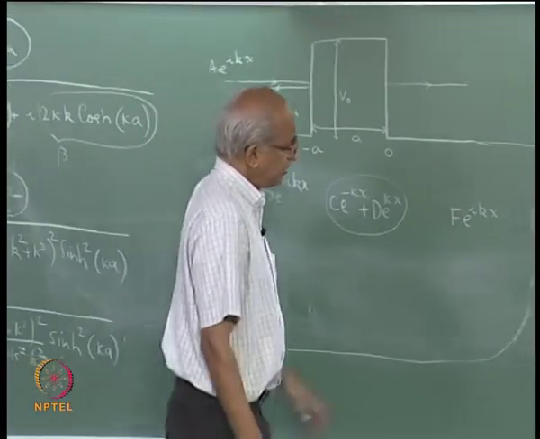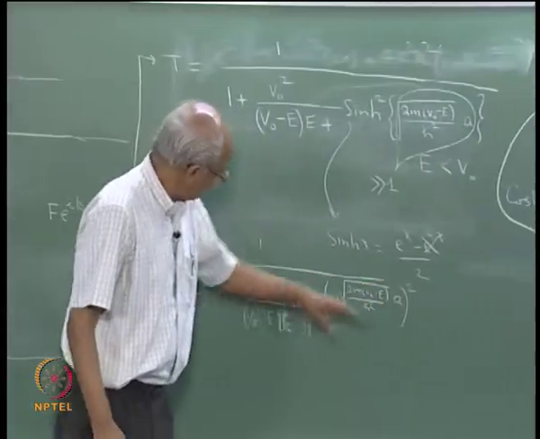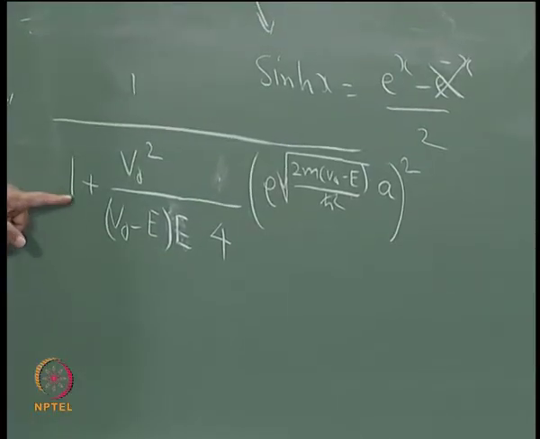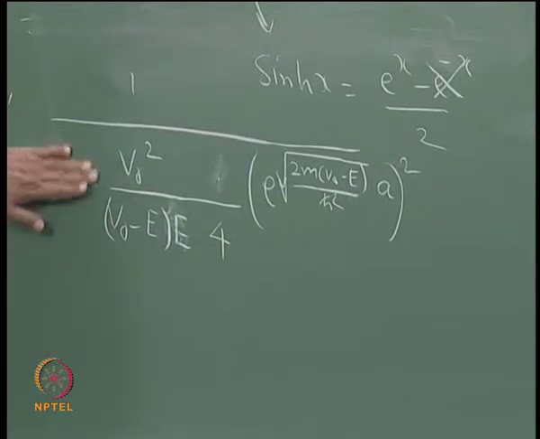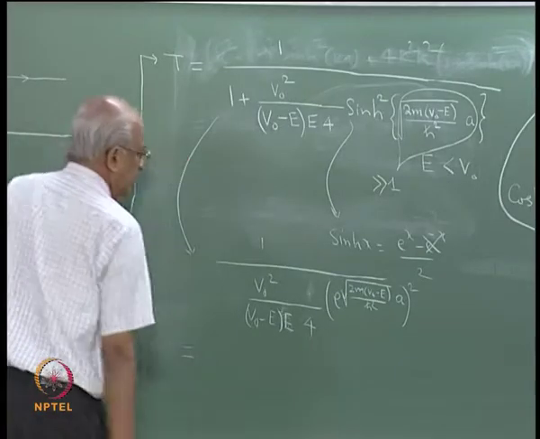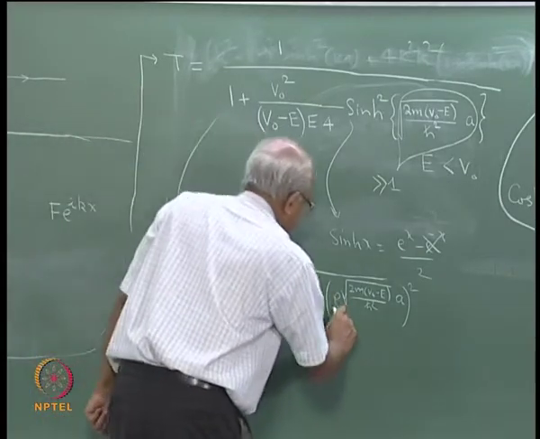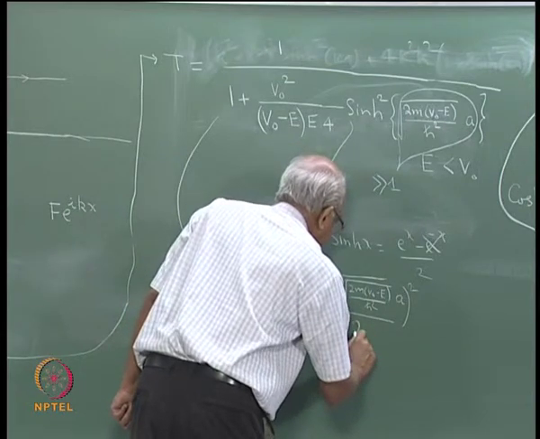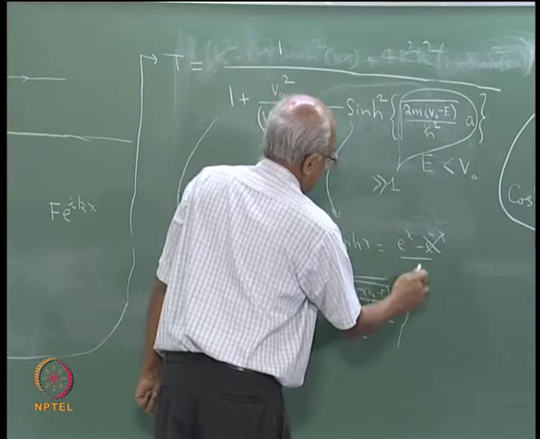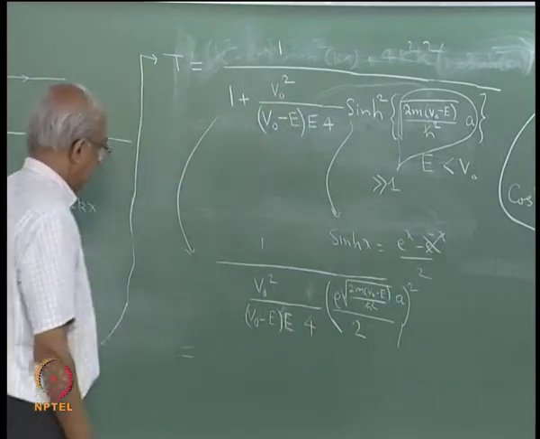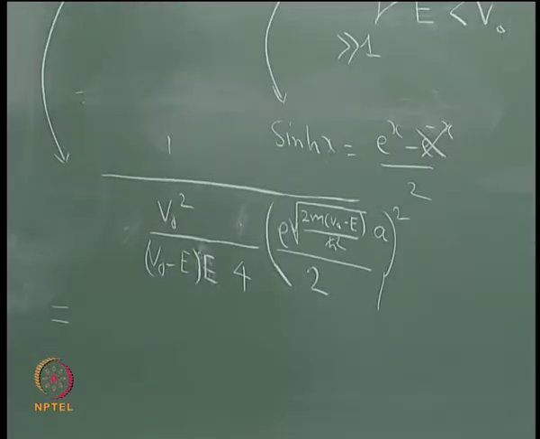And further, you see, if this term is very large, I am safe in neglecting this 1 in comparison with that term. So, let me forget that term, this 1, and hence what is the answer that I get? Well, I seem to have forgotten a half which should have been here, because the sinh x is given by e to the power of x divided by 2. So, now again I can simplify this expression.